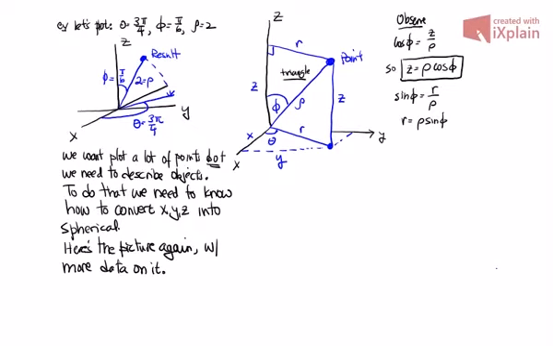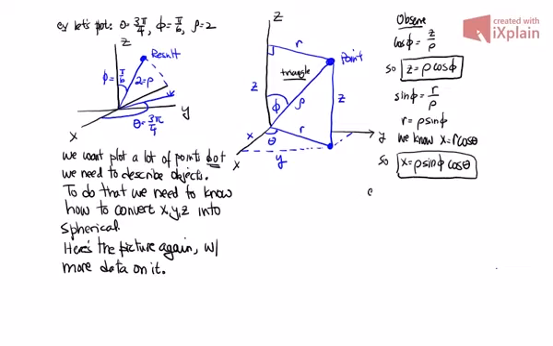Right? Now, this may not seem useful, except we know from polar that x is r cosine theta. So this tells us that x is rho sine phi cosine theta. That's the second fact.